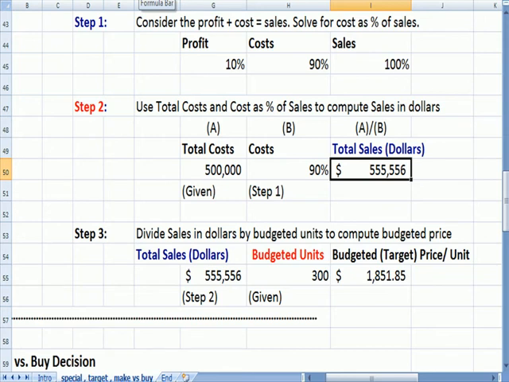So now I know my total sales in dollars. And the last step is if I take my total sales in dollars and divide that over the units that I wanted to sell, I would have to charge about $18.51 for each unit to have this much in sales, to cover this much in cost, and generate a 10% profit.